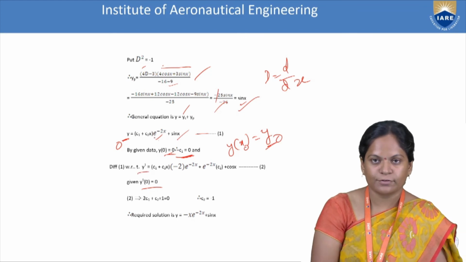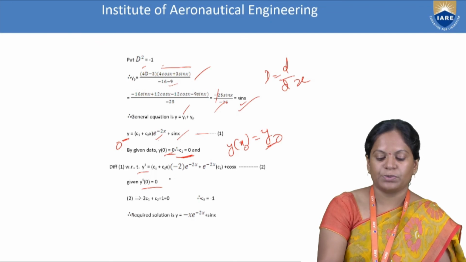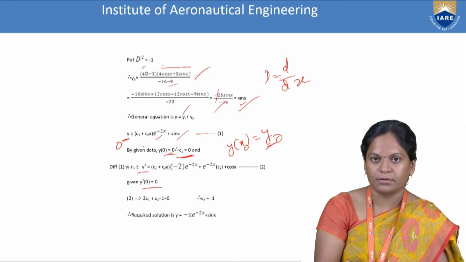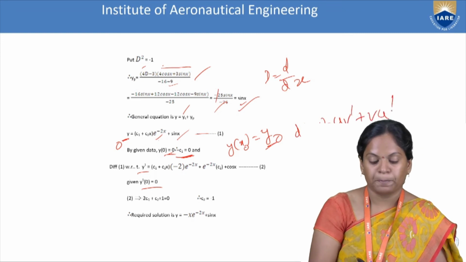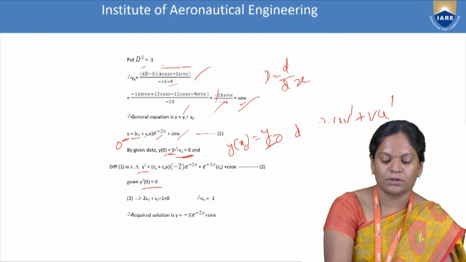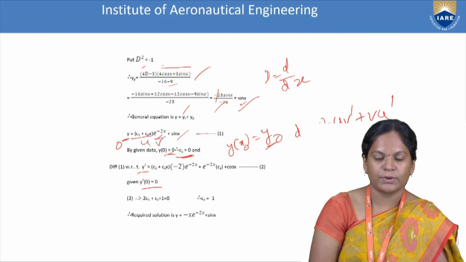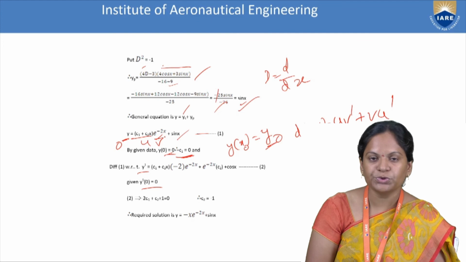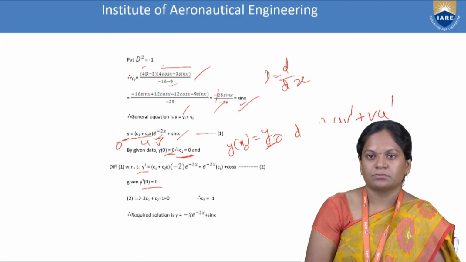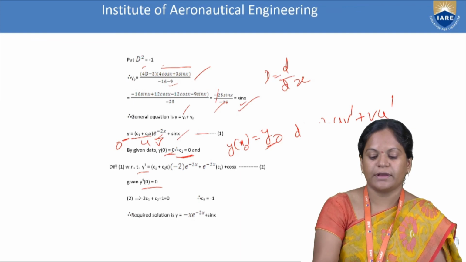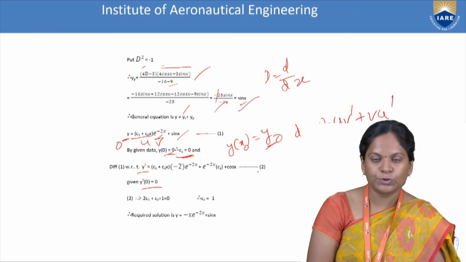What is the derivative of this? c1 plus c2x into e power minus 2x, you can treat as uv. Differentiation of uv is nothing but u v dash plus v u dash. Take c1 plus c2x totally as u and e power minus 2x as v. So u into v dash plus v into u dash, and taking the differentiation we get equation 2.